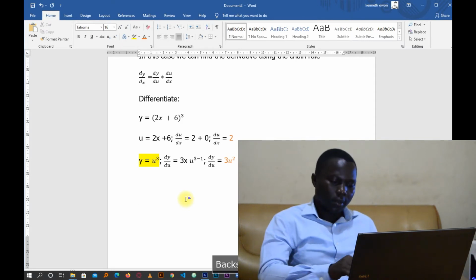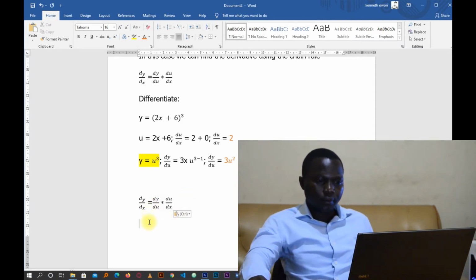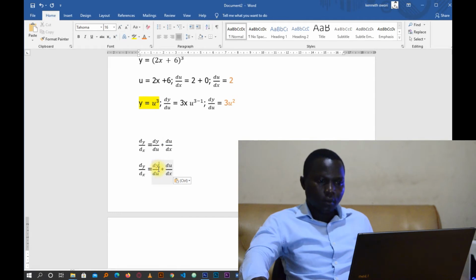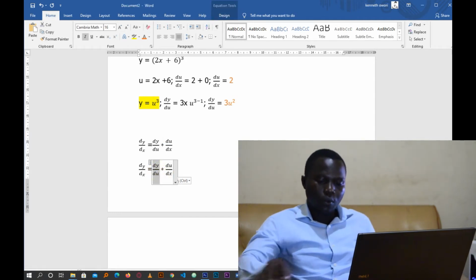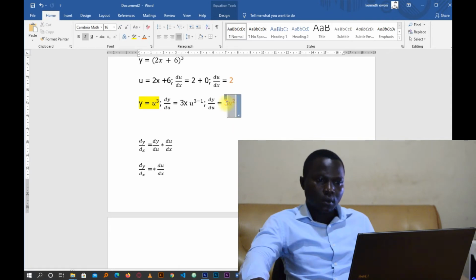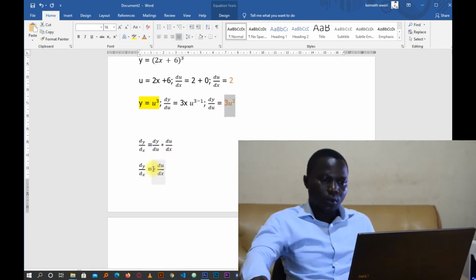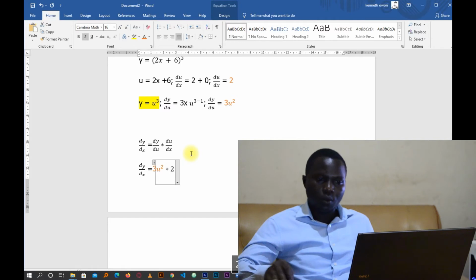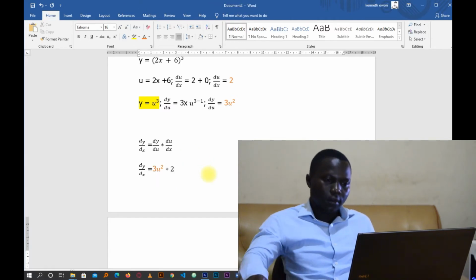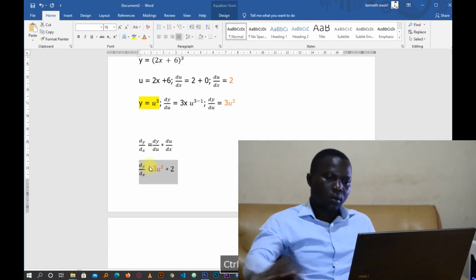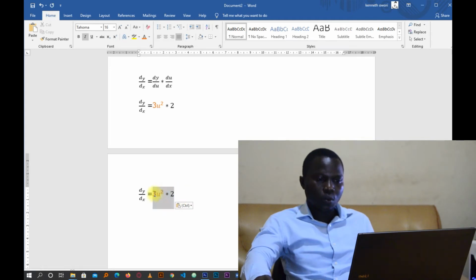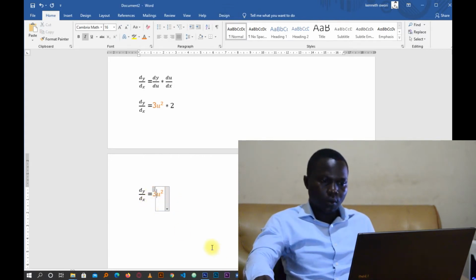So our dy/dx would be equivalent to 3u squared times du/dx, which is 2. So our derivative would be 6u squared.